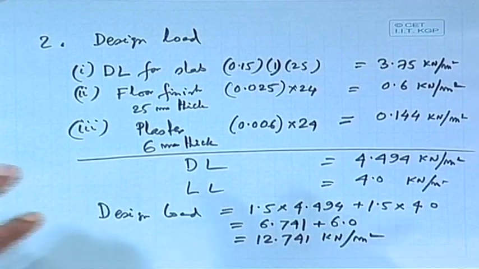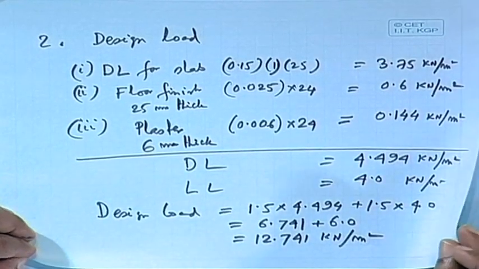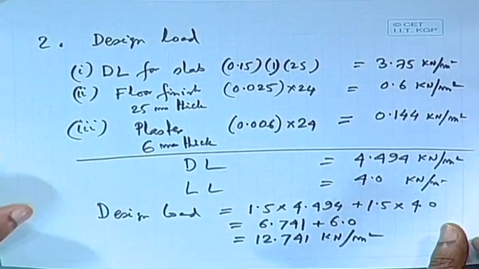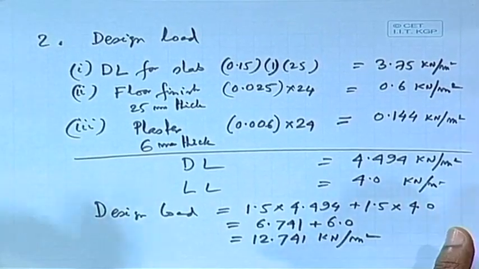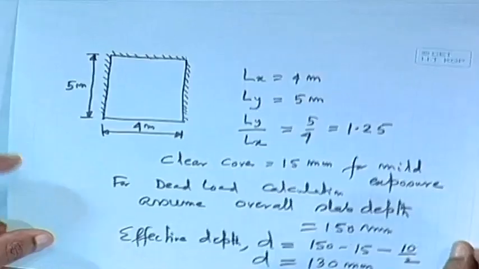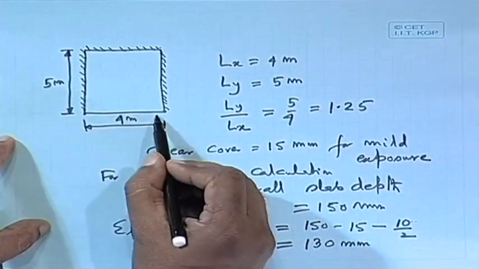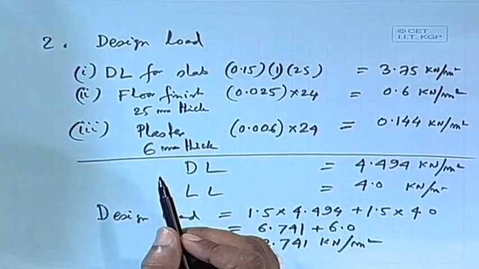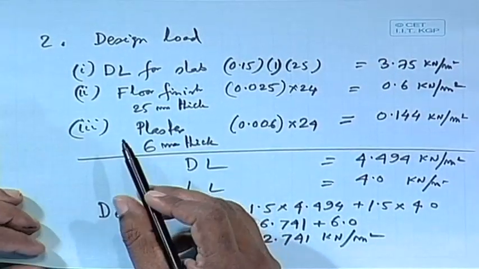What about your type of slab? According to table 26, we are taking that the shorter edge is discontinuous. So, in table 26, if you go, then you will find that it is case 2.